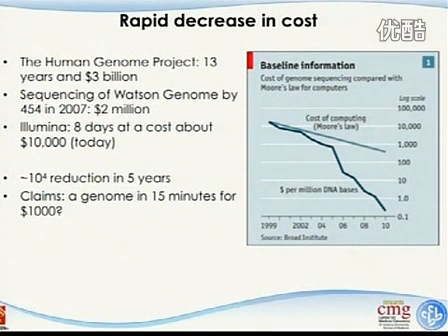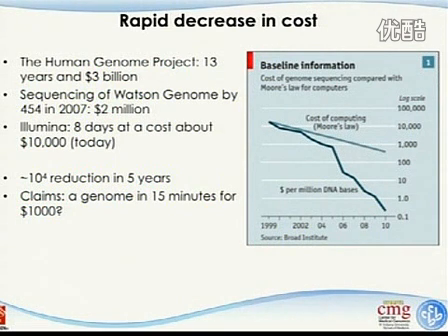The Human Genome Project took 13 years and $3 billion. In 2007, they did the Watson genome, and it cost $2 million. For Illumina today, 8 days costs about $10,000. This is really a 10,000 times reduction in 5 years.